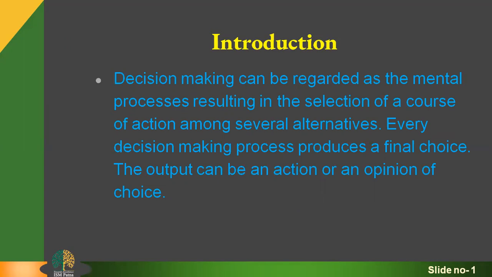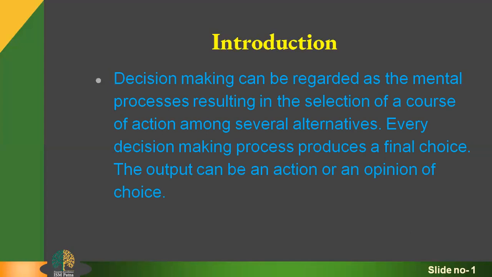regarding decision making, these lines tell you what exactly this process is, of course, a mental process. And the process involves the activity that you have to select a course of action from available multiple alternatives or options.